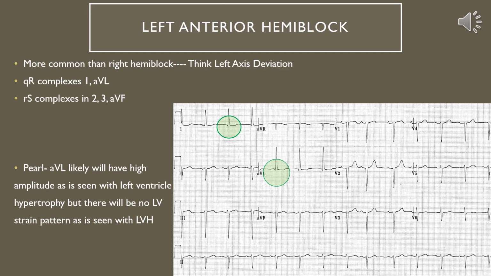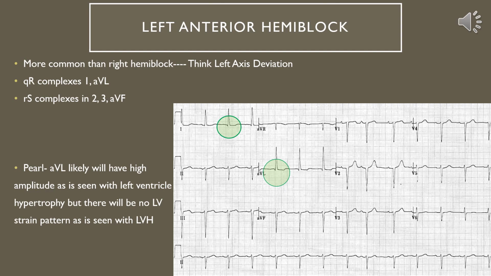So generally, just having one of those little hemiblocks blocked will not stop a QRS from going through, and it won't cause a big widening of your QRS. So when we're seeing these left anterior and left posterior hemiblocks, you're not going to see that big QRS widening as you do with the other full blocks.